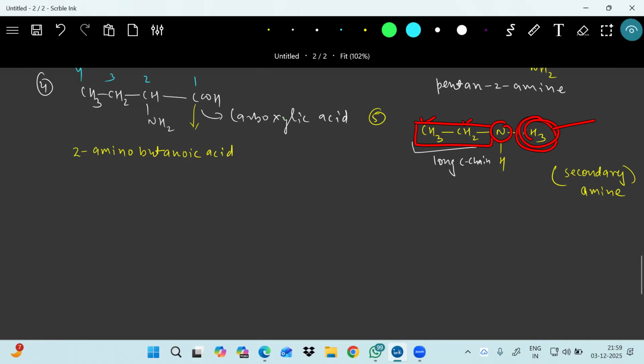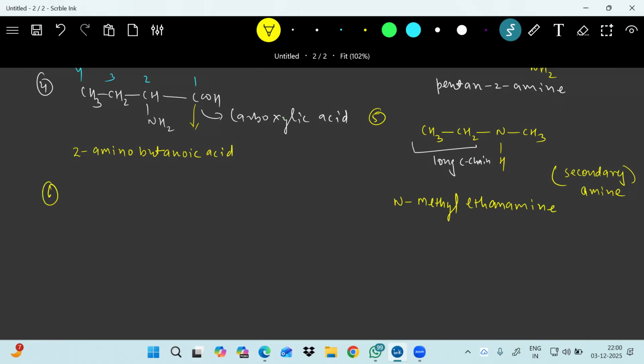So this is methyl, and we write it as N-methyl. A methyl group attached to the nitrogen is N-methyl, and the long carbon chain is ethane, so ethanamine. This CH3 group is attached to the nitrogen.